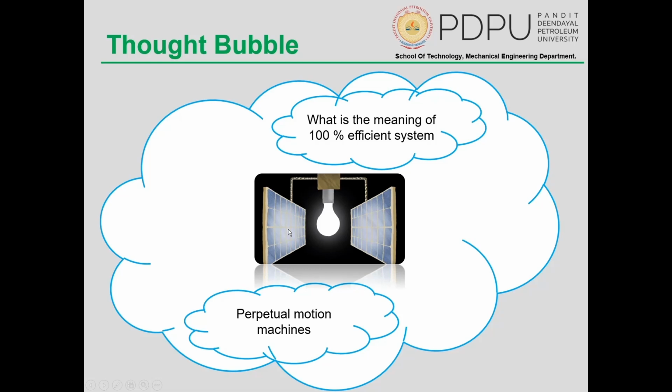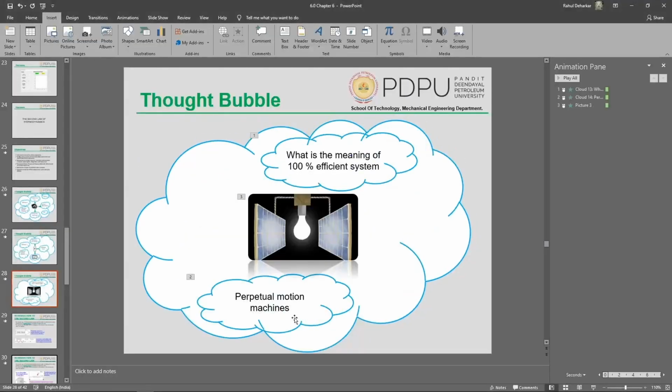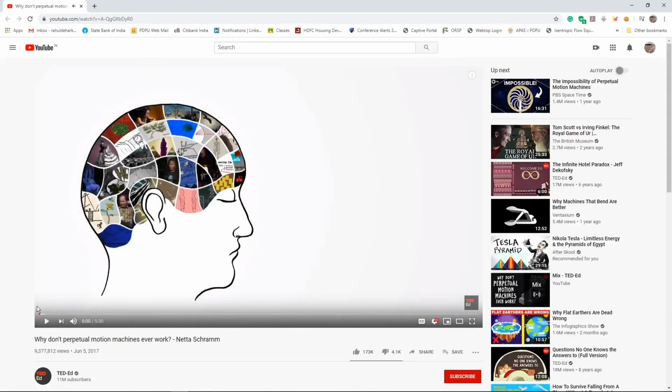We'll discuss that in much more detail. Here I would like to provide you one such example. Okay, I'm not able to open it. Sorry. I have a small video that I am asking you to find, titled "Why don't perpetual motion machines work?"